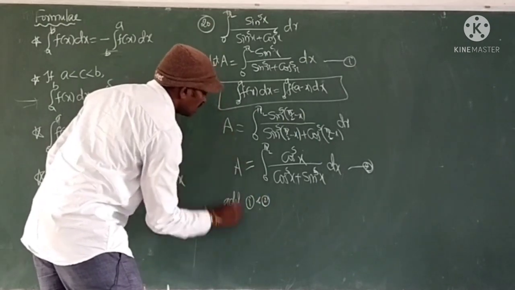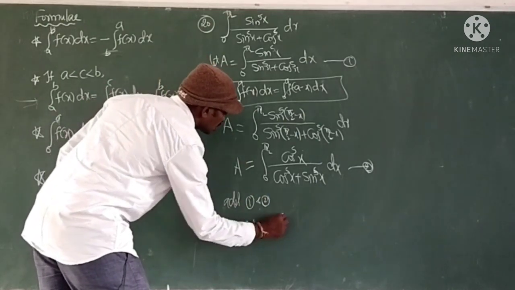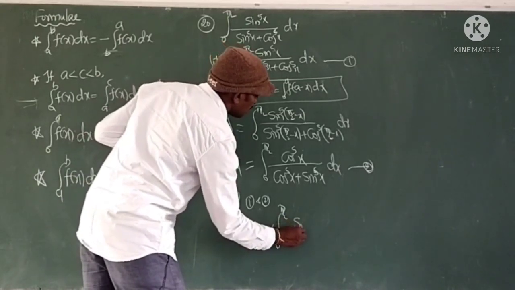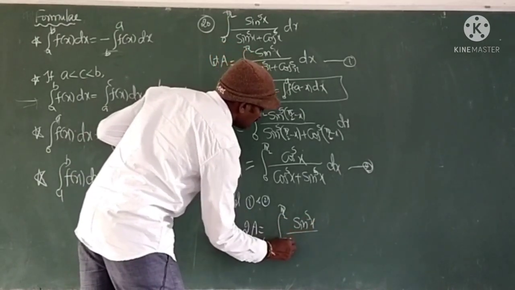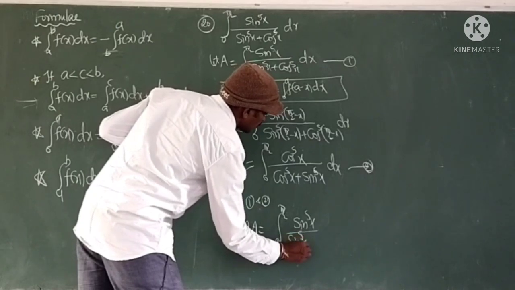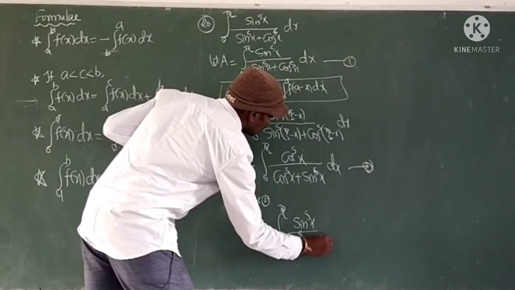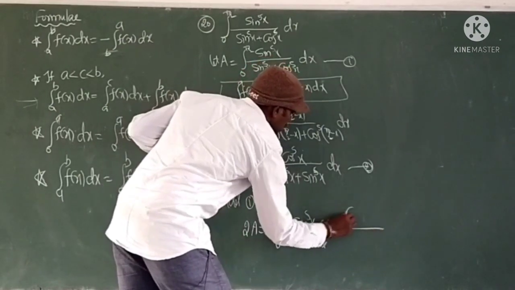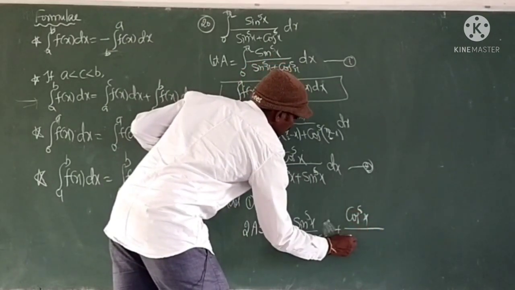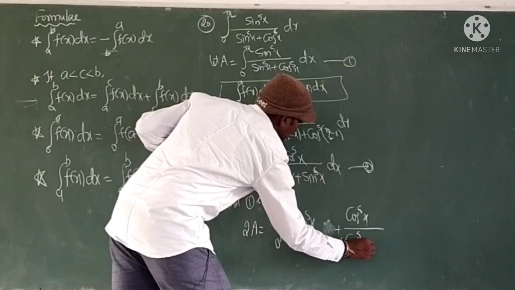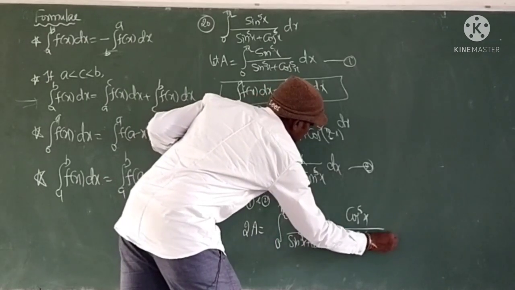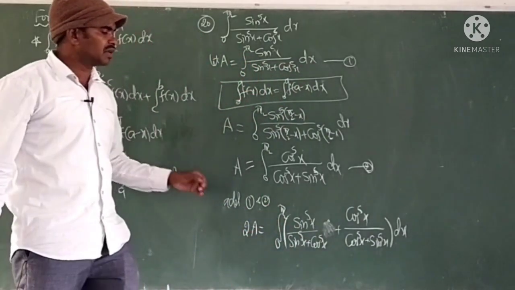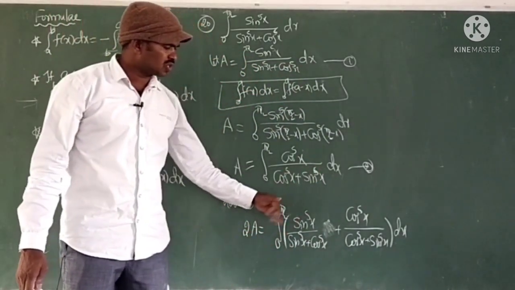So a plus a, we get 2a equals integral from 0 to pi by 2, same interval, of sin power 5x by sin power 5x plus cos power 5x dx, plus the second one, cos power 5x by cos power 5x plus sin power 5x dx. For both, the limit is the same interval and dx is common, so we can write it together.